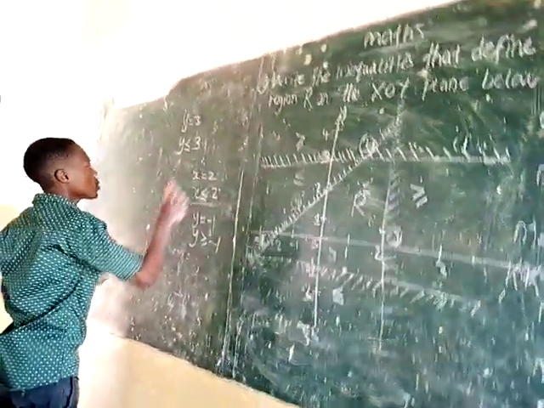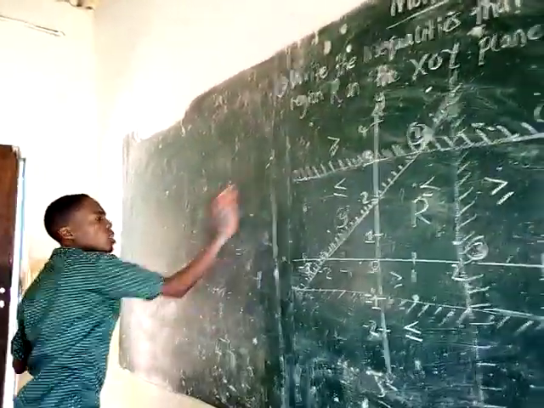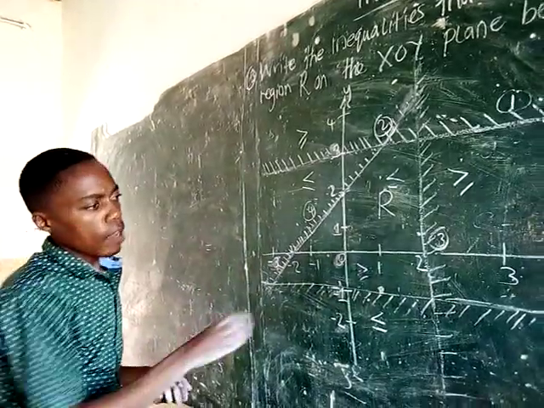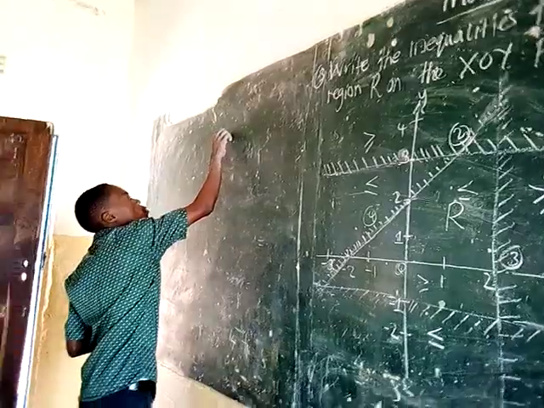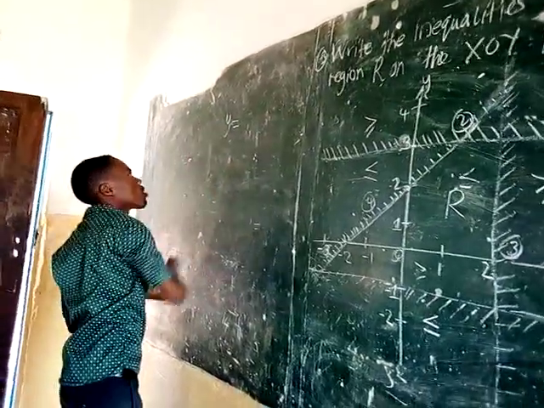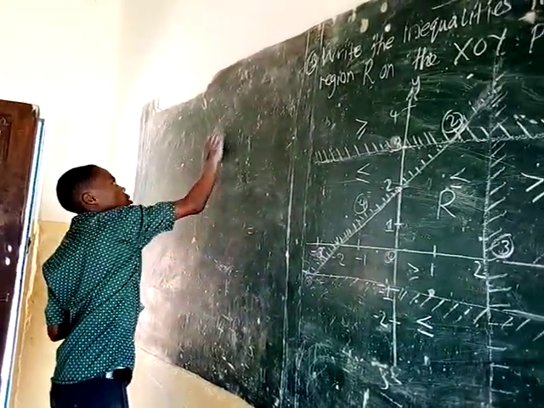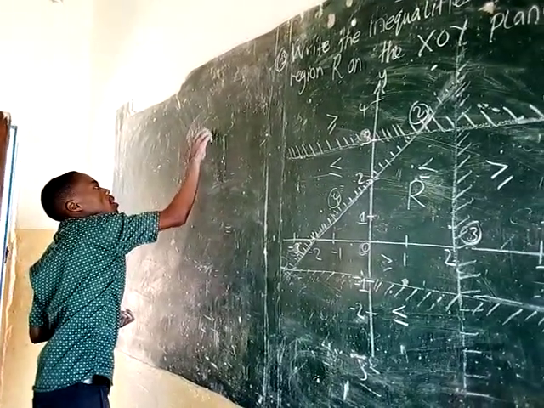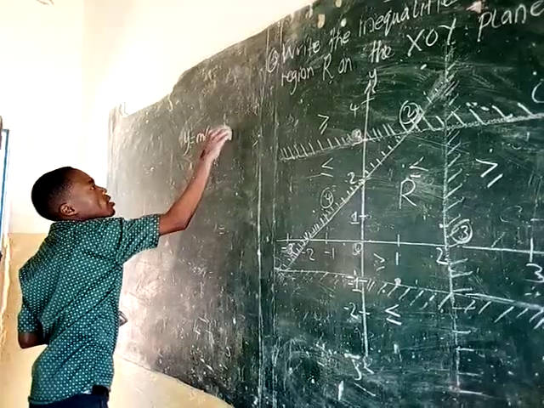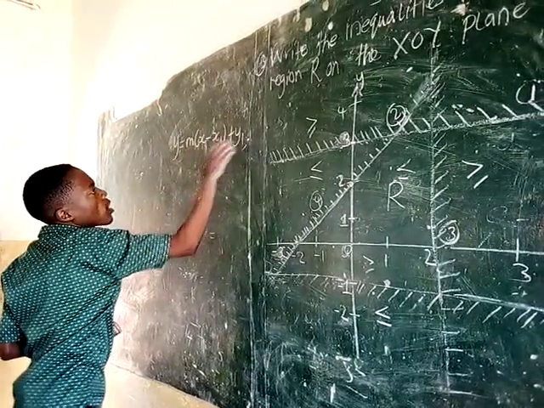Now, what comes next? Having calculated the gradient, we apply the formula for the equation of a straight line: y is equal to m times x minus x1, plus y1.